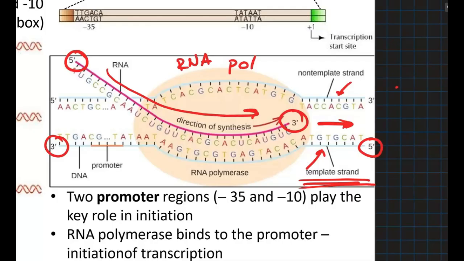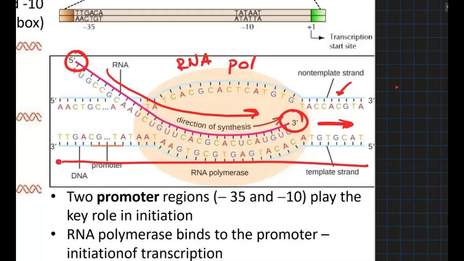Let me repeat it. Strands must be anti-parallel. So if you look at the direction of the template strand, this is 3', this is 5'.